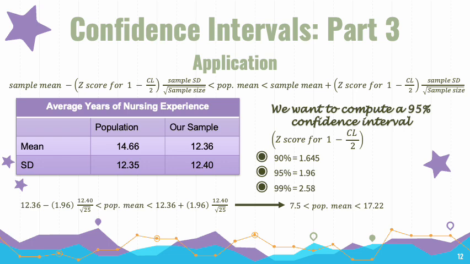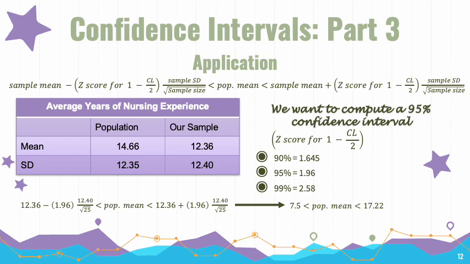If you were a statistician, you would have these things memorized. Again, for your work, a computer technology will help calculate this. However, we say we want a 95% confidence level. We want to be 95% certain that we are going to capture the average years of nursing experience.